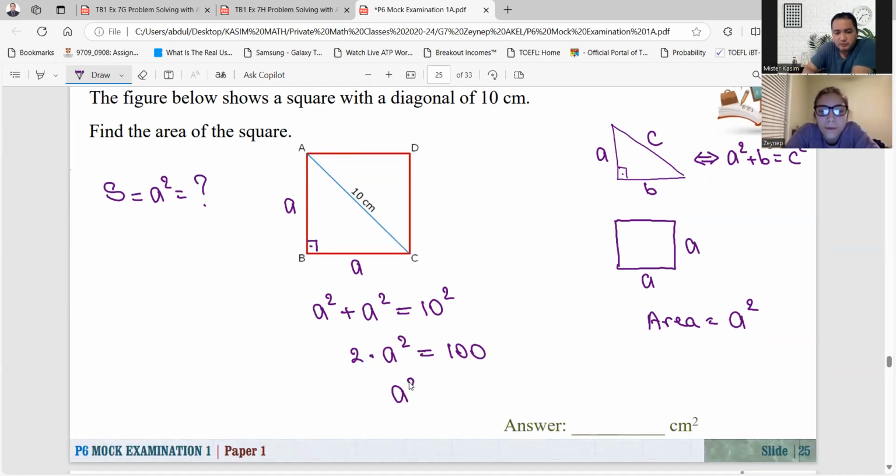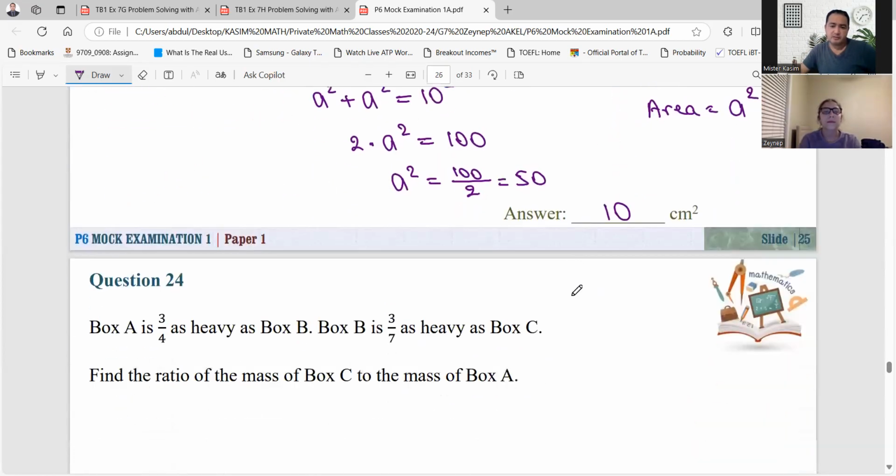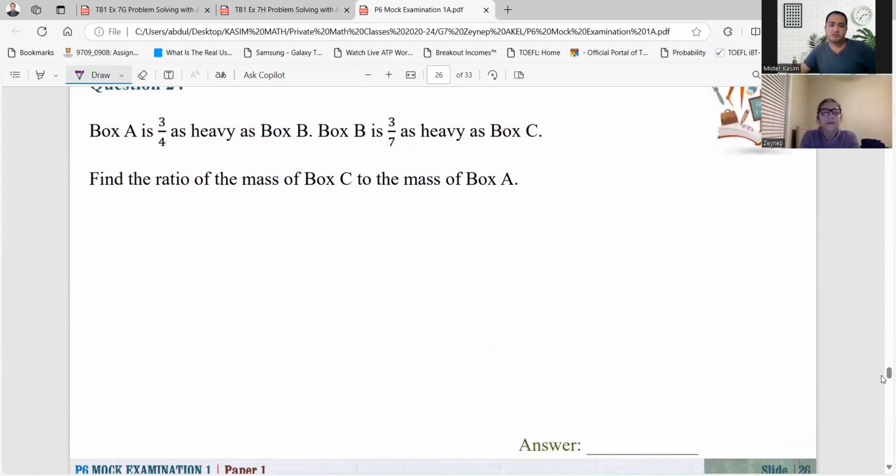Just move 2 to the right-hand side. It's multiplied, so it will be divided. 100 divided by 2 is equal to 50. That is the area of the square, so the answer is 50. Step by step, you will learn these things. These are very fundamental, important things that you are going to see a lot. All right, now you'll try the next question.